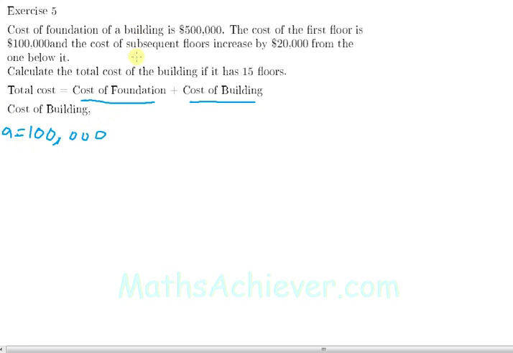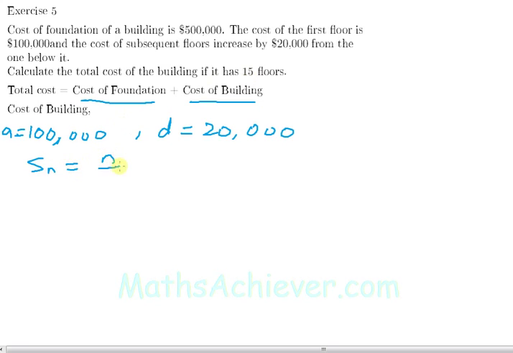And the cost of subsequent floors increases by 20,000, so D is 20,000. So from here we would want to find out the sum of 15 floors, right? So we can make use of this.